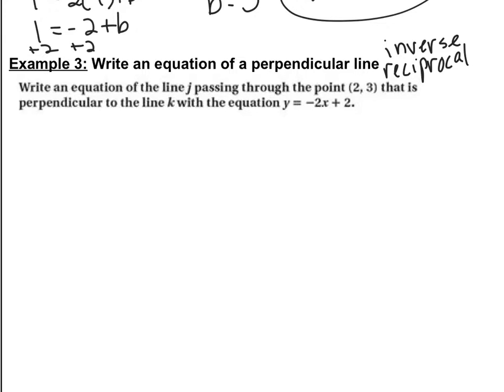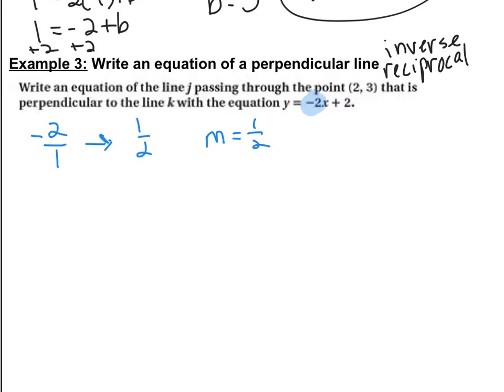We're going to do pretty much the same thing we did in the last problem, except we're going to take a look at our slope here, which in this case is negative 2, and find the inverse reciprocal of that. If it's negative 2, it's the same thing as negative 2 over 1. To flip that, we put the numerator as the denominator and the denominator as the numerator. So we'll go 1/2. And because this one's negative, our new one is going to be positive. So for our new equation, m is going to equal positive 1/2.